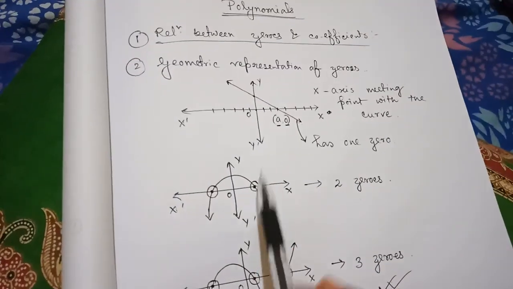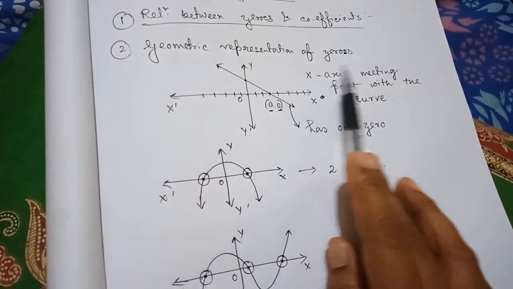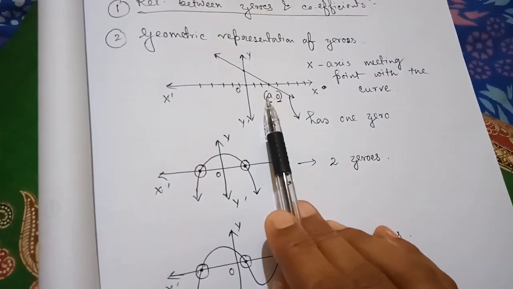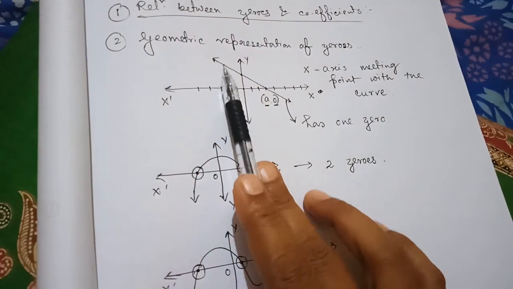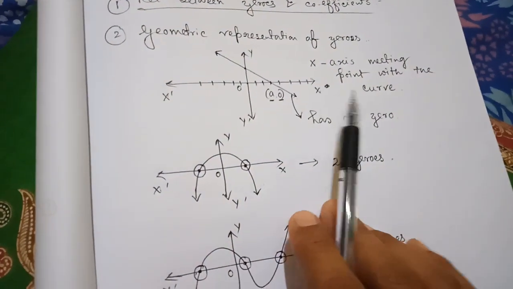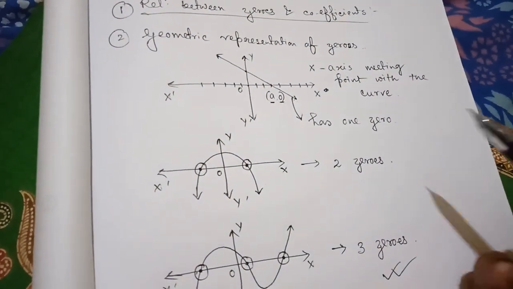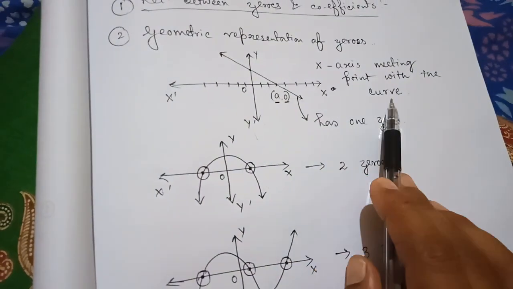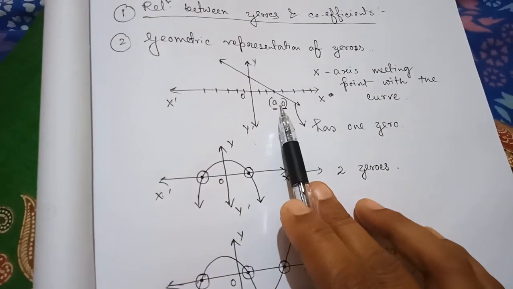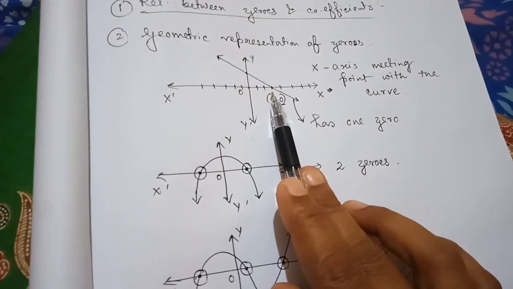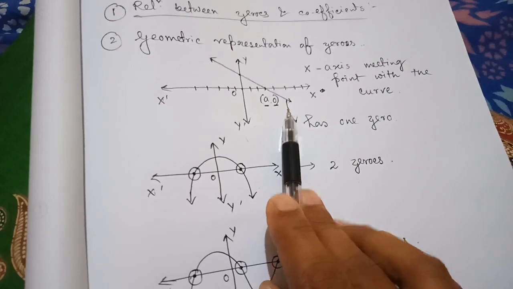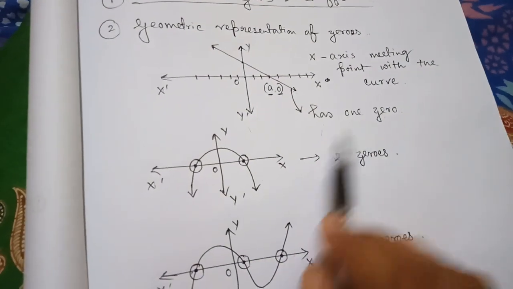Again I'm repeating. Geometric representation of zeros, that is, how can you find out the number of zeros from a figure? You don't have to calculate it, rather just looking at the figure you can find out the number of zeros. It's very easy. One meeting point with x-axis for a linear equation, so it has 1 zero.